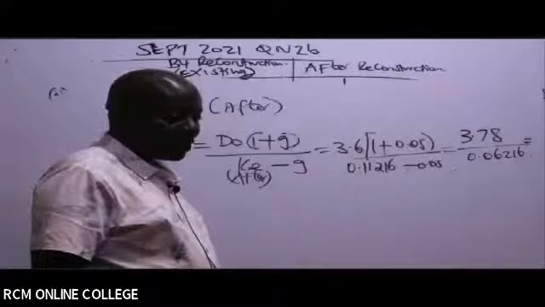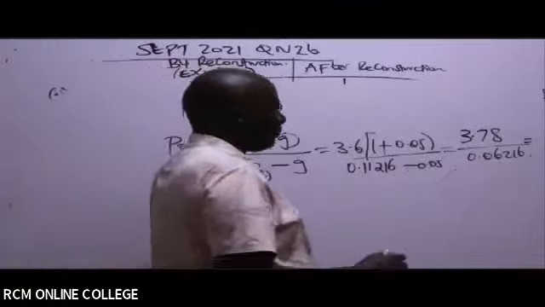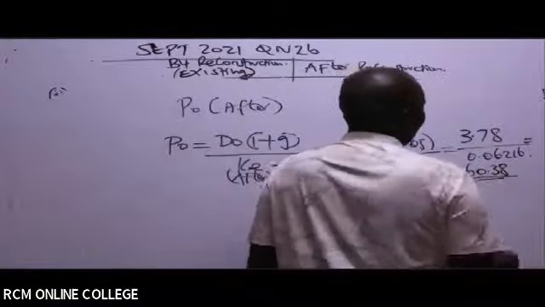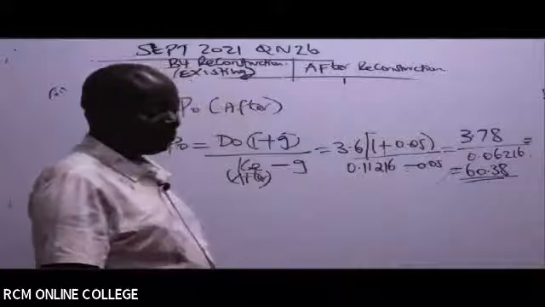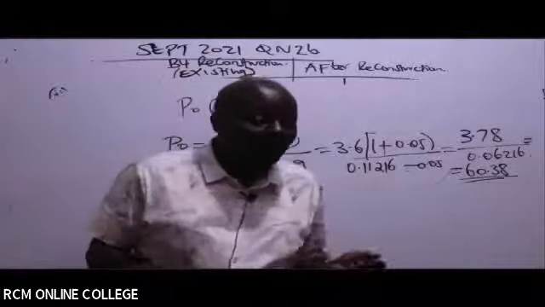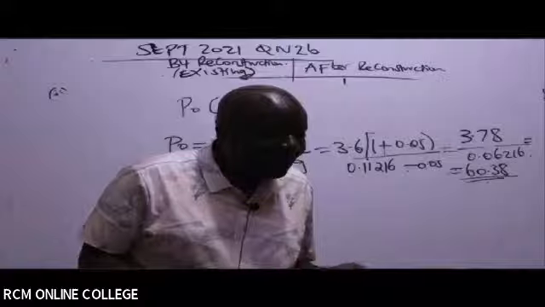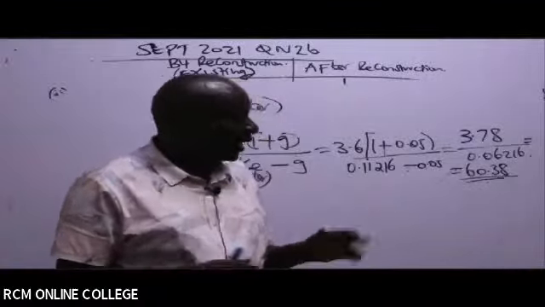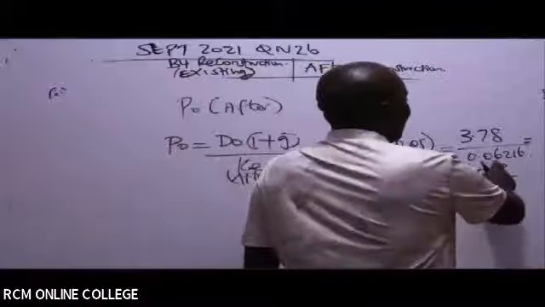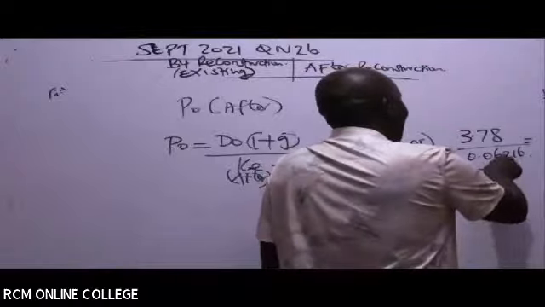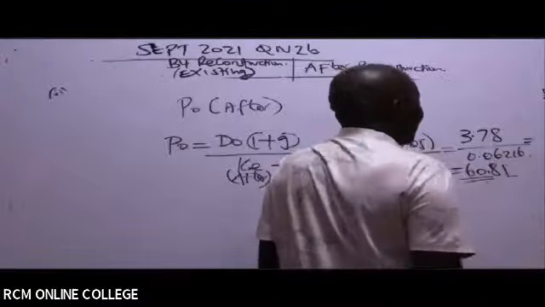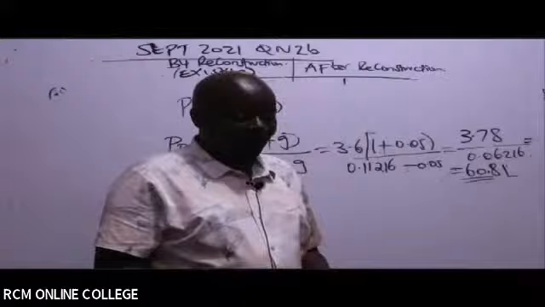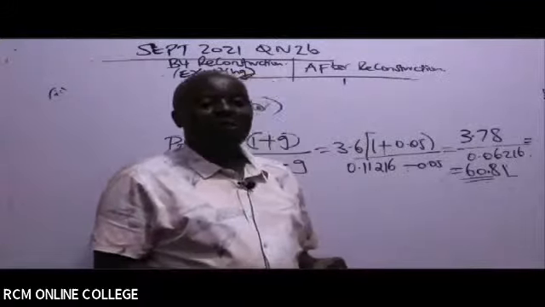So they're giving me a figure of 60.37. Is it 60.81? That's the minimum, mwalimu, no? Even 60.38 we still accept. I mean, rounding off errors are there. 60.811. Good.